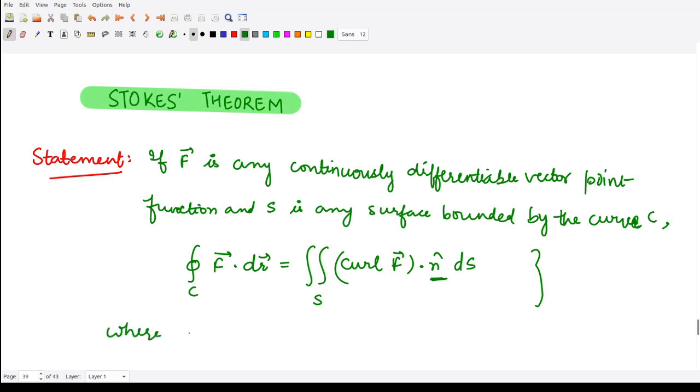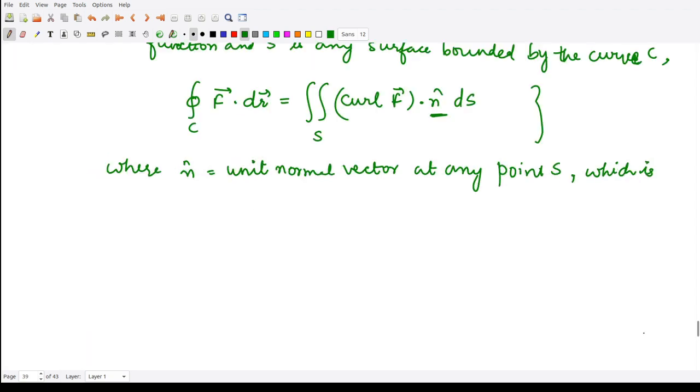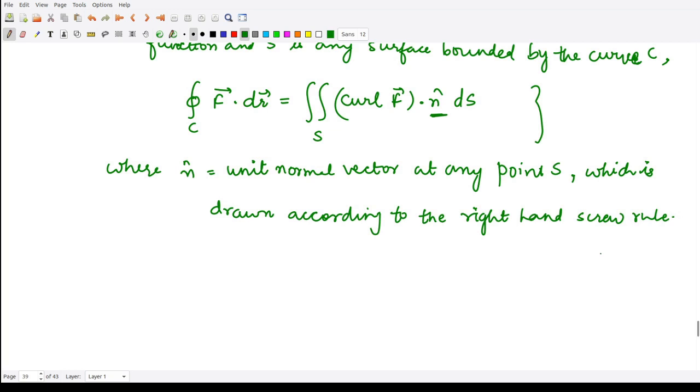Here we have the vector n as the unit normal vector at any point of S, which is drawn according to the right hand screw rule, right?